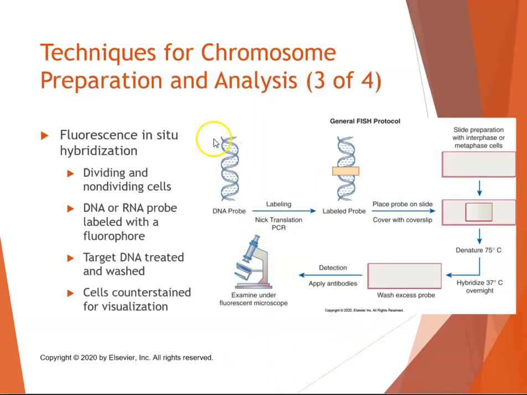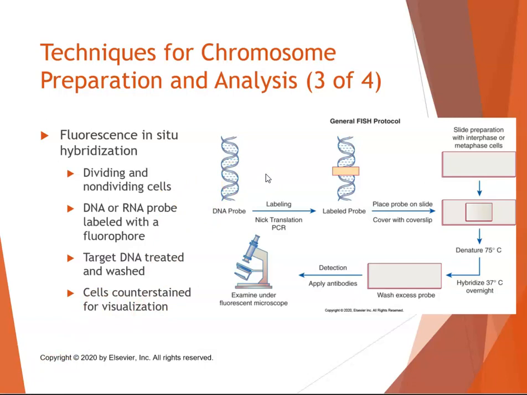When you look at chromosome analysis, one of the biggest things we do is called FISH. When you break FISH down, that stands for fluorescence in situ hybridization. So what they do is they get DNA, and it's a probe that is labeled with something.